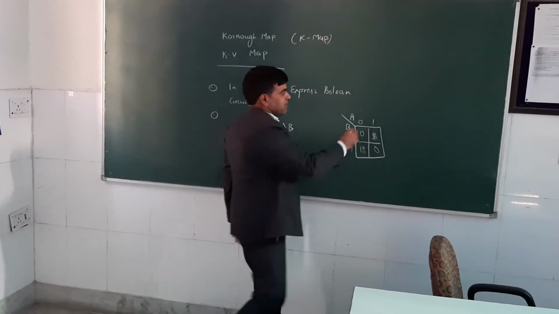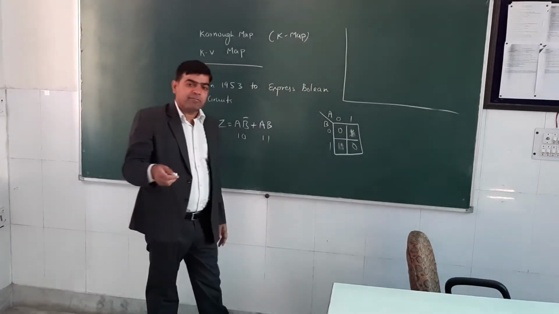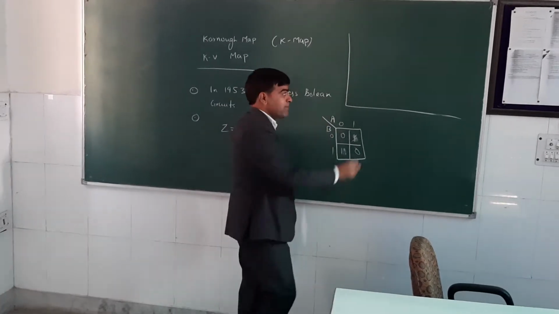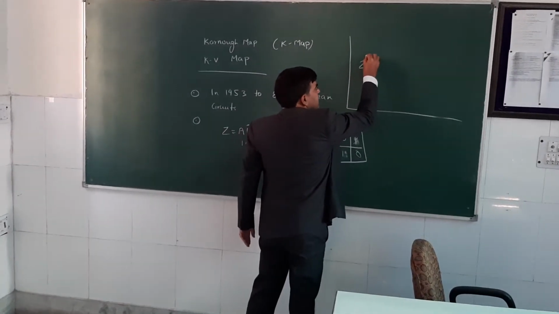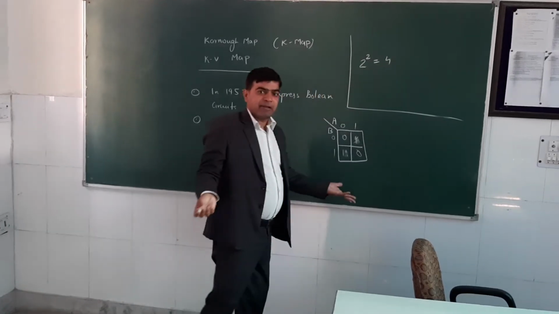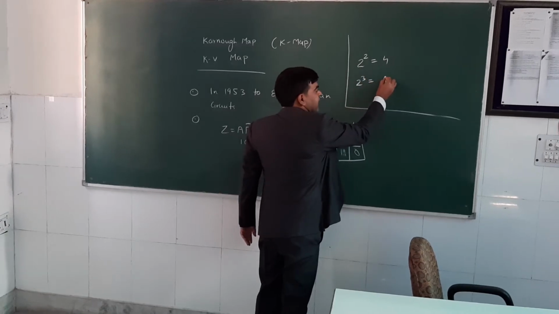We can remember one thing: the number of cells in the K-map depends on the number of variables. If we are discussing a two variable K-map, we must have 2 to the power 2, that means 4 cells. For a three variable K-map, we must have 2 raised to the power 3, which is 8 cells.